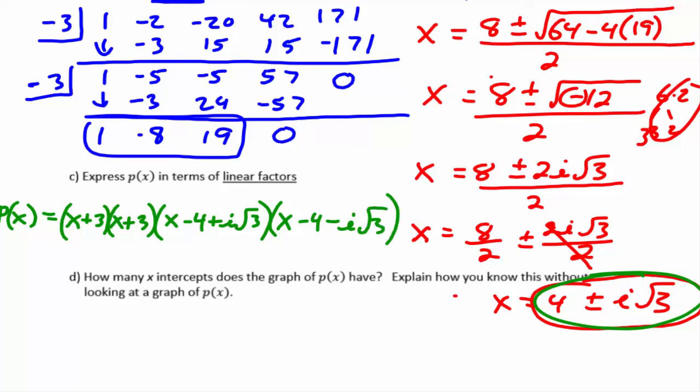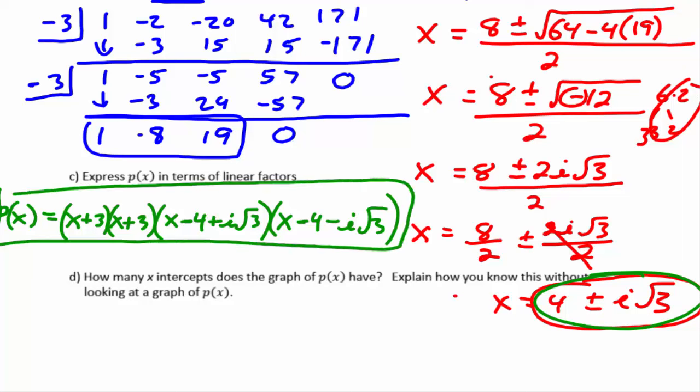They're both x minus, because the 4 is positive in both of them. The 4 is positive, so when you put it in the factor, it's going to be -4. You know how the sign changes, right? All right, we did that before. So there's my p of x written in terms of linear factors.